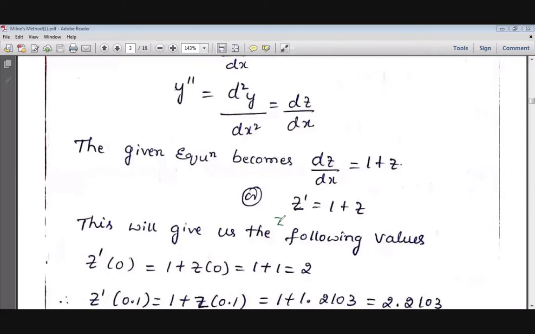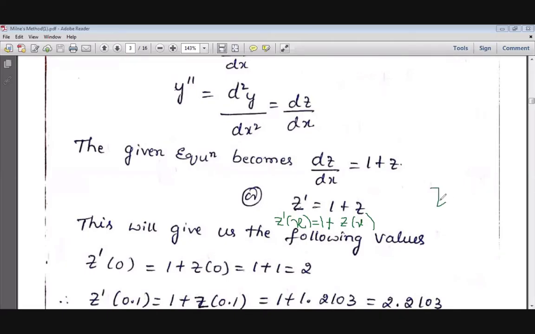This is same as z dash of x equal to 1 plus z of x. These are same. For simplicity, you won't write x all the time. You should remember that z and z of x both are same. Now z dash of 0 equal to 1 plus z of 0.